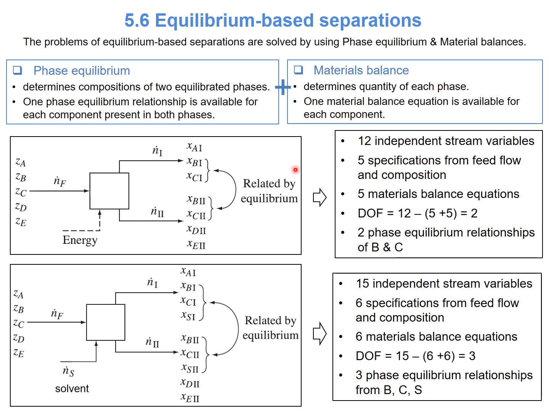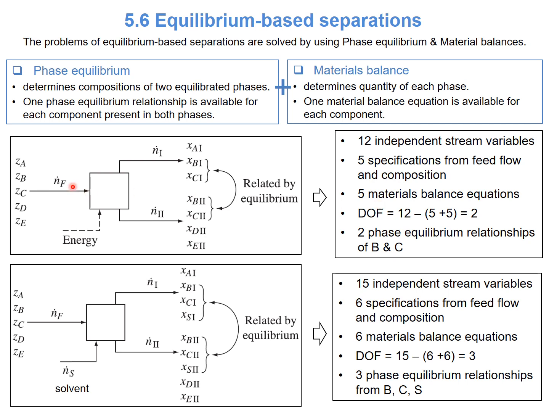And if we know the information about the feed stream, including all compositions of 5 components plus the feed stream rate, then I could say 5 specifications for the feed stream. So 5 pieces of information are there.